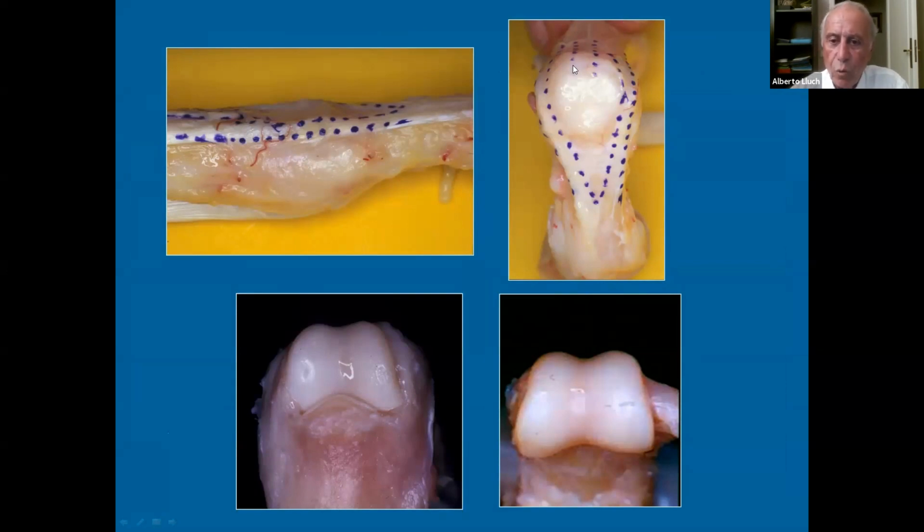We can see that when we flex the PIP joint, the central slip stays where it should stay, in the trochlea provided by the proximal phalanx, and that's why the proximal phalanx has this shape, to maintain the central slip in its place.